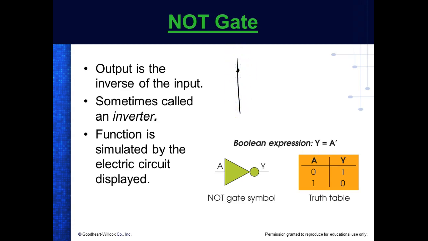Now what I'm going to do is I'm going to actually put the control device up here, which is the switch. I'm going to call that a relay. And then what I'm going to do is I'm going to come down here and I'm going to put a normally closed contact. And over here I'm going to put a light bulb.